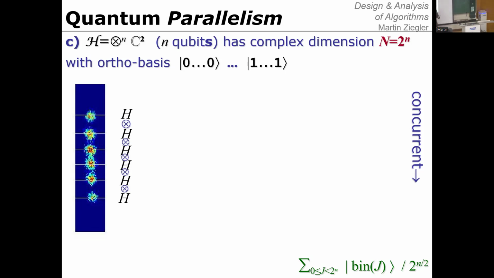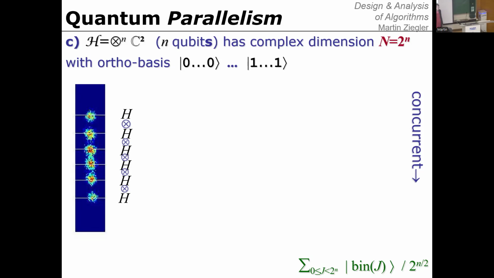Quantum parallelism is because of the linearity. We have a qubit gate, and the input is in a superposition. Then this superposition can be comprised of up to exponentially many basis vectors, right?